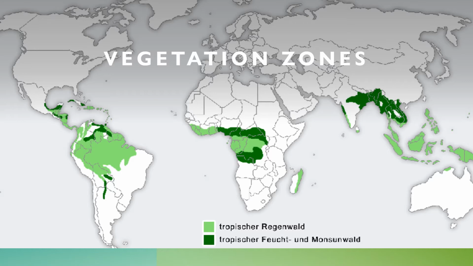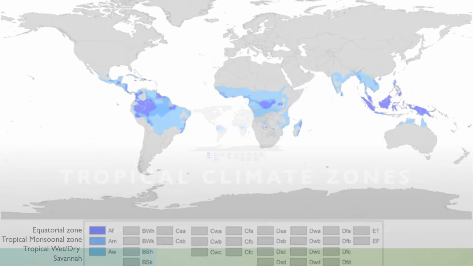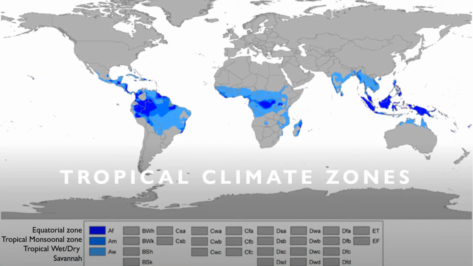Climatically, these regions fall into the tropical and subtropical climate zones. By definition and based on the Köppen climate classification, the tropical climate zones are characterized by temperatures above 18 degrees centigrade throughout all months of the year and are subdivided into three subtypes: the equatorial and tropical monsoonal regions, here in darker blue, and the adjacent tropical wet or dry savanna regions in lighter blue.